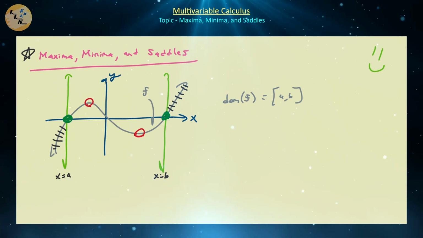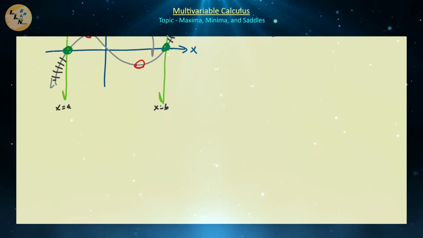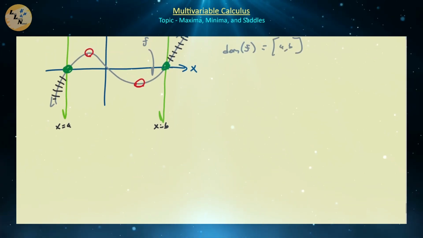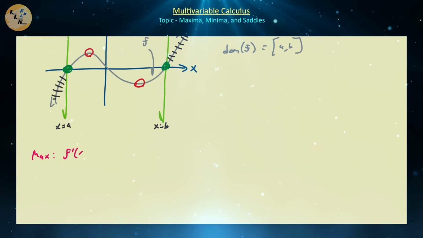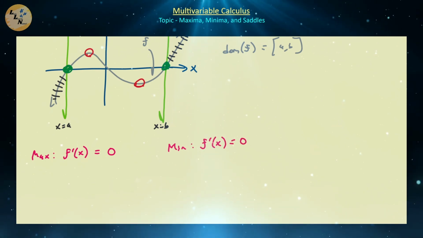So how can we determine this numerically if we don't have a graph? There are properties that relate to maxima and minima. For a maximum, the derivative of the curve at that point is going to be equal to 0, and that is the same for both maximum and minimum values.